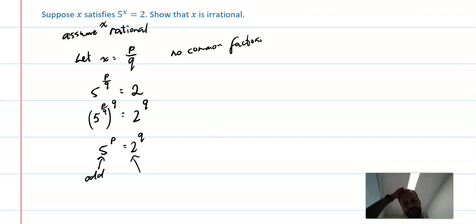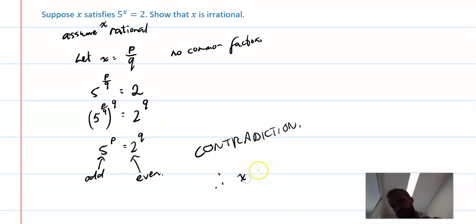What about this one? 2 to the q. 2, 4, 8, 16, 32, 64. They're all even. But right here, I'm saying that 5 to the p equals 2 to the q, but they obviously can't ever equal each other. Contradiction. So if there's a contradiction here, it must be because my assumption was wrong. Therefore, x is irrational. A nice, neat, quite quick proof there.